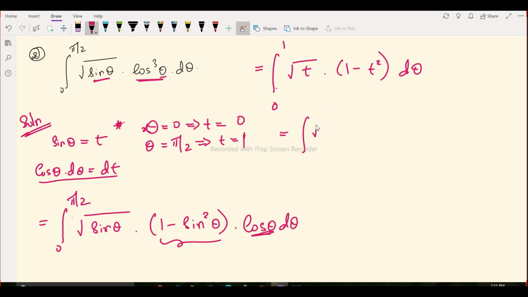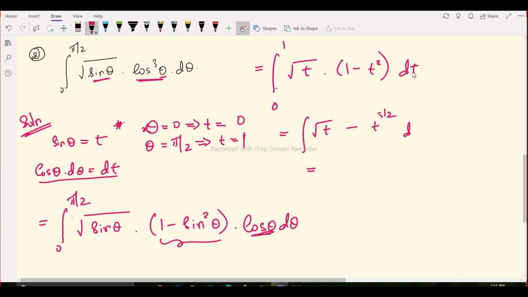Now this will be root t, which is t raised to half, minus t square into t raised to half, which when you add up gives t raised to 5 by 2. Just a small error: this is actually dt, because we have substituted.